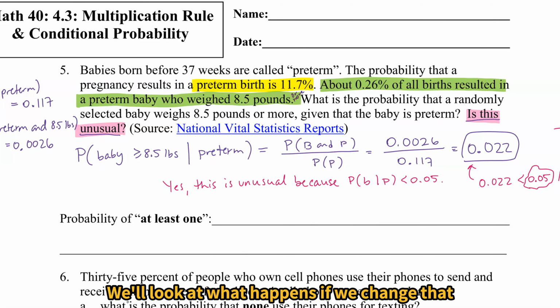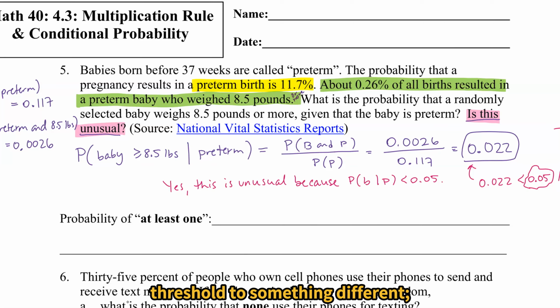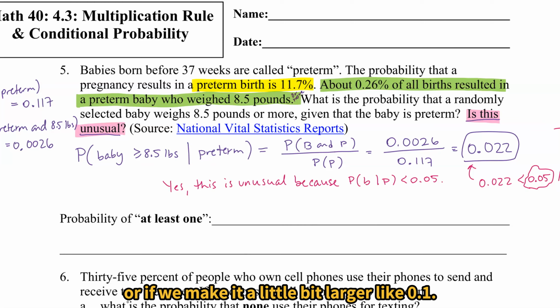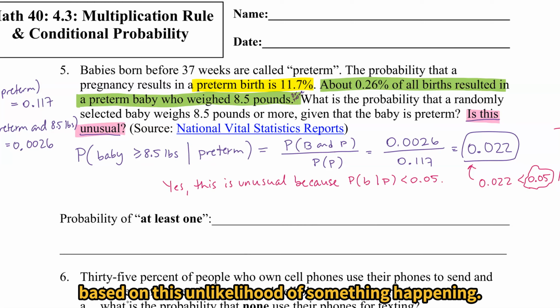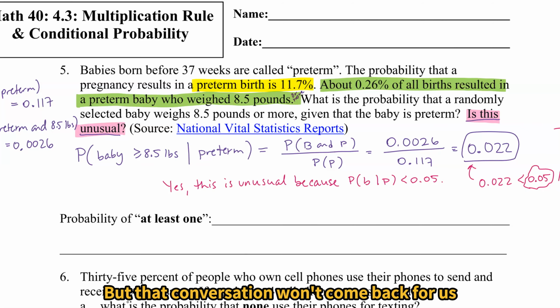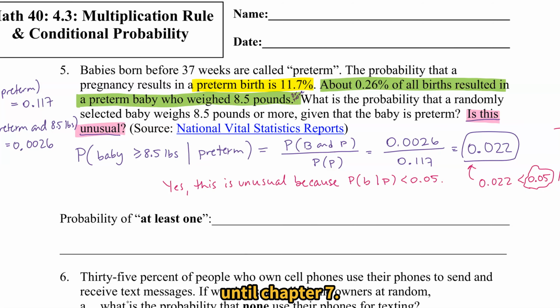We'll look at what happens if we change that threshold to something different. If we make it smaller, like 0.01, or a little bit larger, like 0.1, we can make decisions based on this unlikelihood of something happening. But that conversation won't come back for us until chapter 7.